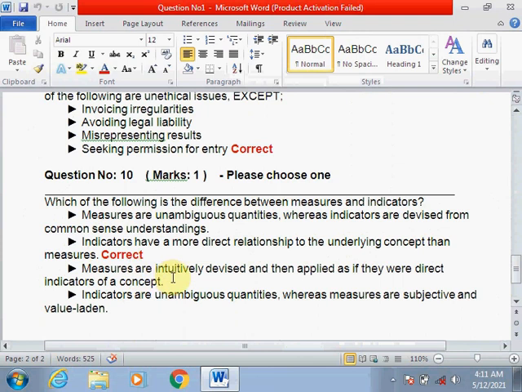Measures are intuitively devised and then applied as if they are direct, indirect indicators of a concept. Indicators are unambiguous quantities, whereas measures are subjective and value led. The correct option of question number 10 is second option.